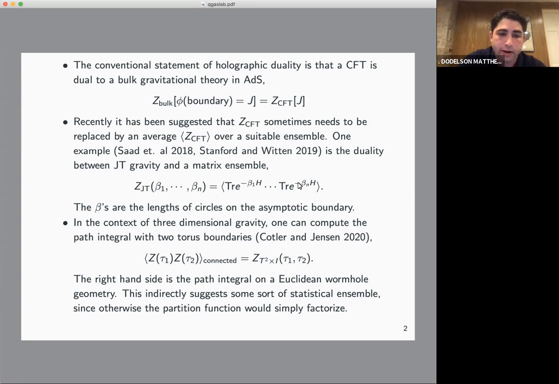So the right-hand side is like a Euclidean wormhole geometry, and if there wasn't an ensemble, then there would be no connected piece to this correlator, because the partition function would just factorize. And so the fact that this is non-zero suggests that there is an ensemble in this case as well. So that's kind of an indirect argument.